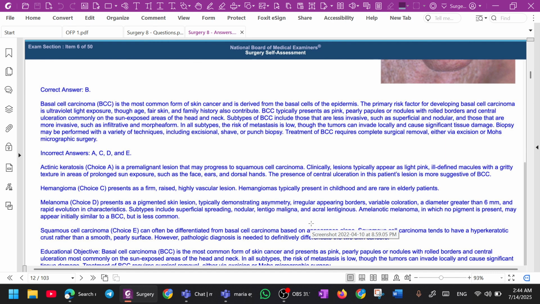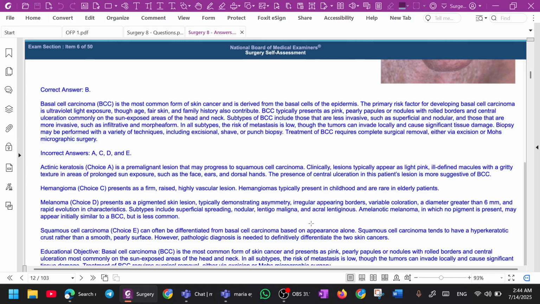Subtypes of BCC that are less invasive are superficial or nodular. Those that are most invasive are infiltrative or morpheaform. In all subtypes, the risk of metastasis is low, though the tumors can invade locally and cause significant tissue damage. Biopsy may be performed with a variety of techniques: excisional, shave, or punch biopsy. BCC treatment requires complete surgical removal, either via excision or Mohs surgery.